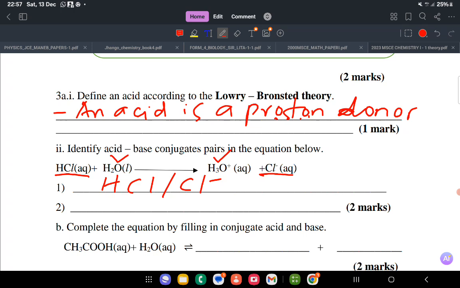Therefore, in this case, the H3O plus is acting like an acid. So when you're writing down the pair, you're going to have H3O positive stroke H2O.